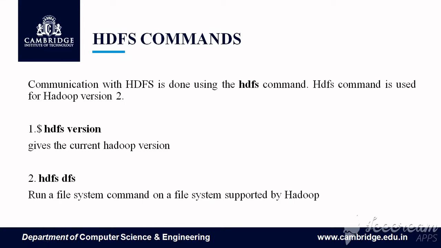Okay, and here the second command, that is hdfs dfs. If you run this hdfs dfs command, DFS means distributed file system, it will call the HDFS file in the bin directory in the Hadoop installation directory, followed by the first argument as DFS, telling the HDFS command that we want to work with the distributed file system instead of the local file system.